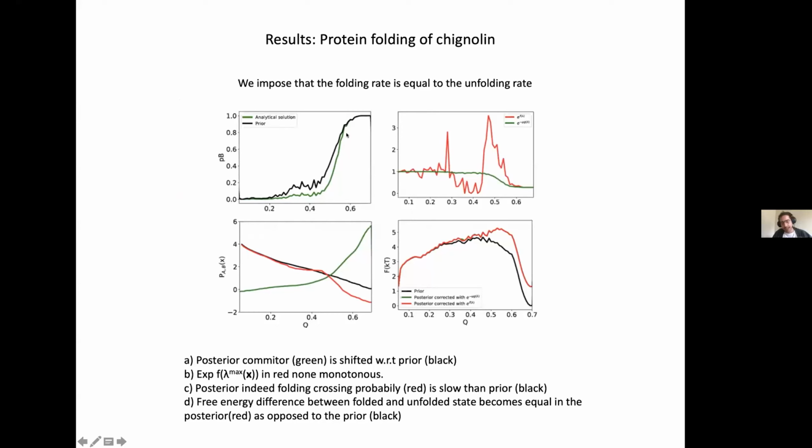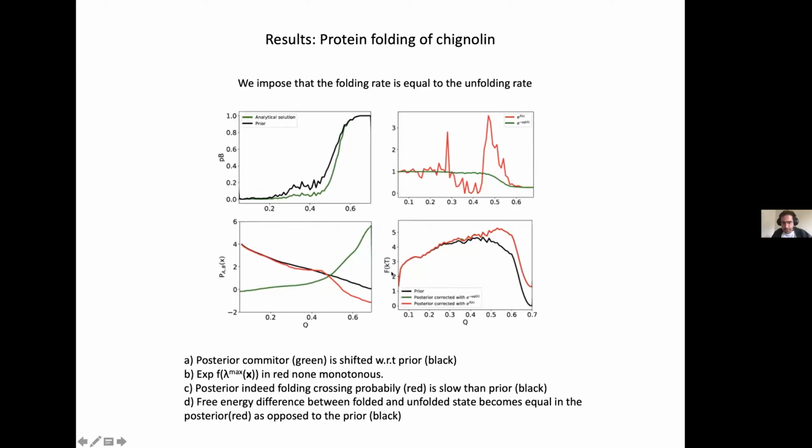You're basically constraining your simulation, trying to impose a slower folding rate, so your posterior committer shifts. From this posterior committer, you're able to find a path reweighting function that looks like this red curve. This path reweighting function alters your conditional probability. This is a log conditional probability, and it gets lower. Your conditional probability is lower, and this is the fact that you're imposing a slower rate.